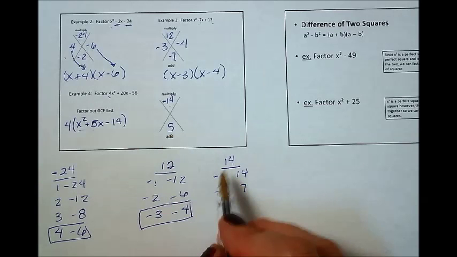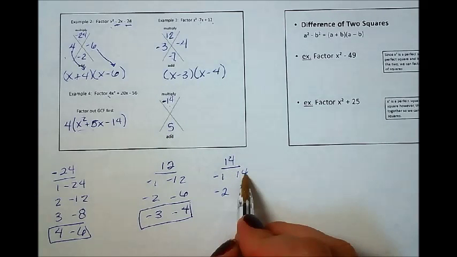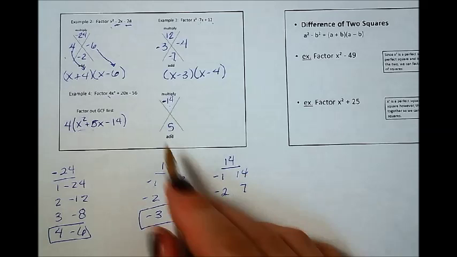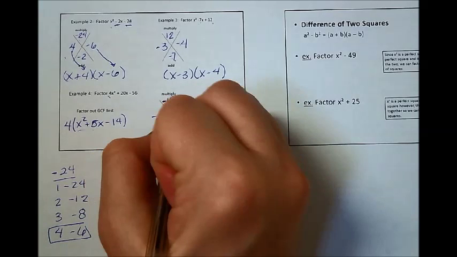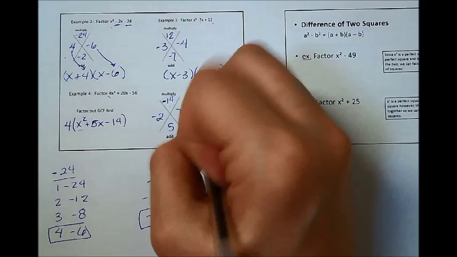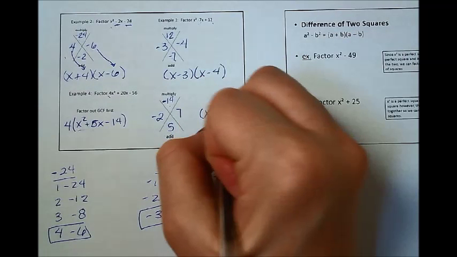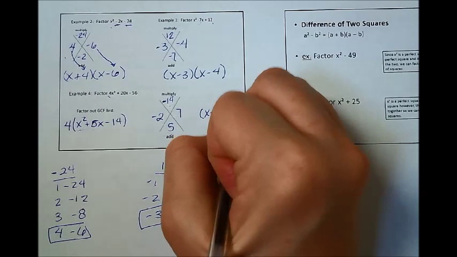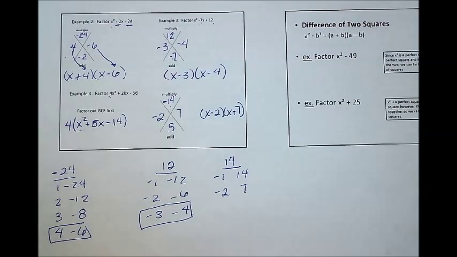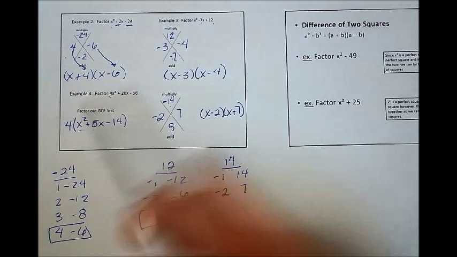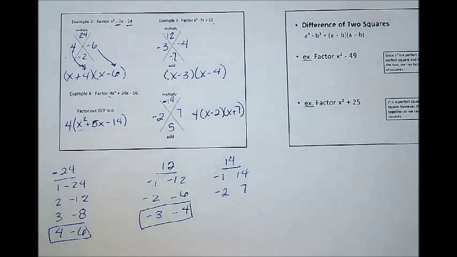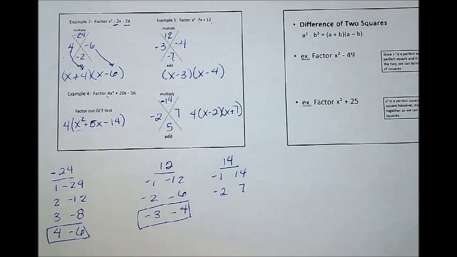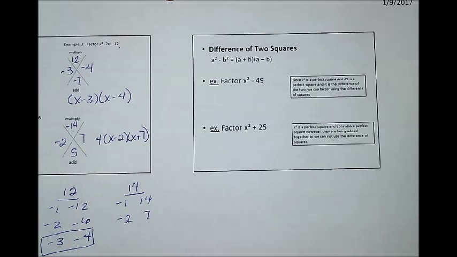So negative 1 plus 14 is 13. Negative 2 plus 7 does equal 5. Great. So to answer it, we say x minus 2 times x plus 7, but don't forget that 4 out in front. And that's your answer.